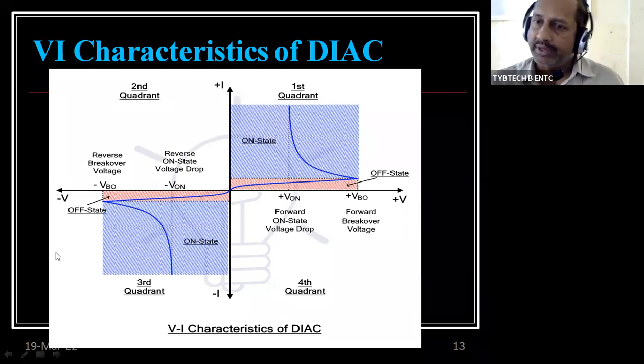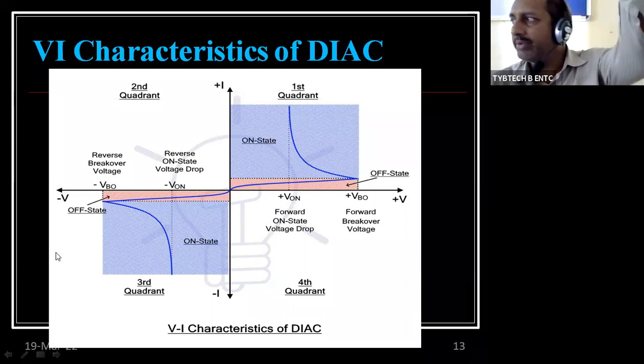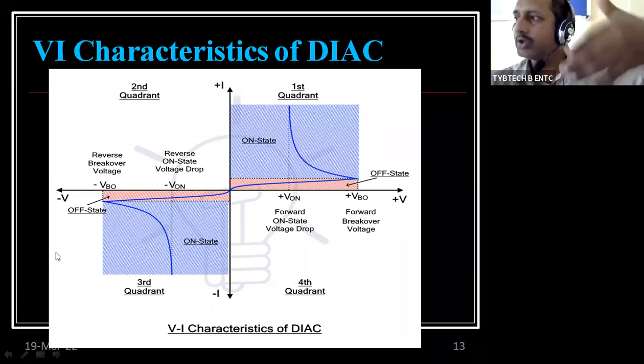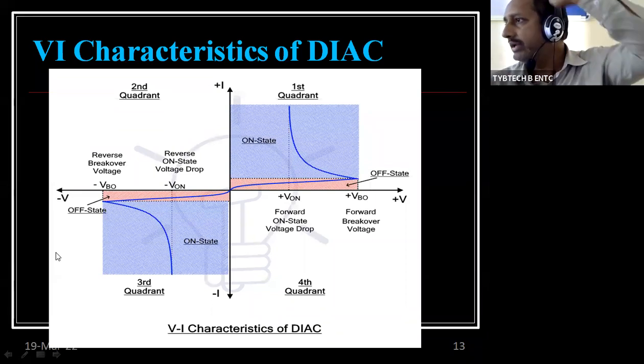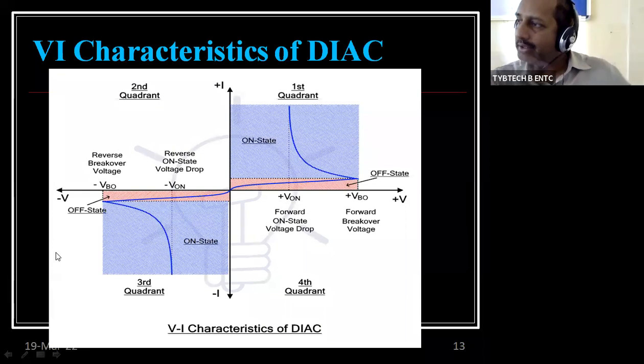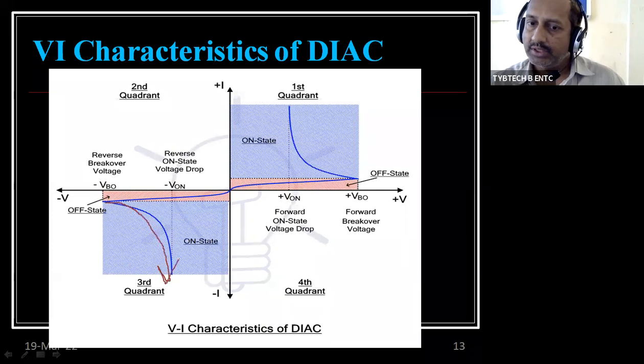It also works in the first and third quadrants. That means if you apply voltage across MT1 and MT2 and it crosses the VBO in the first quadrant, the current will surge. In the reverse direction, in the third quadrant, if it crosses the negative breakover voltage, the current surges like this.